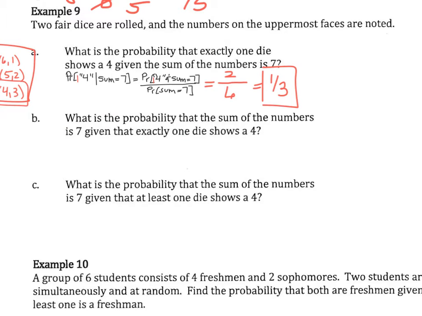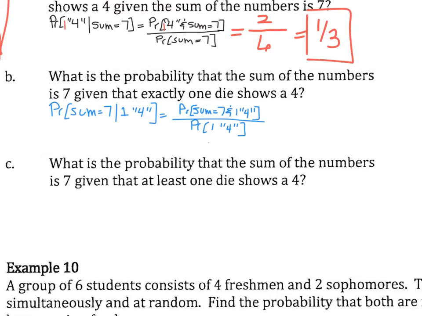Here, this one reverses the question to say, what is the sum equals 7 if we already know that there is one 4? Well, the top part we've talked about whether you reverse it or not, it should be the same. So up top here, when we did the same calculation, we got 2. So now we got to ask ourselves, well, how many ways are there to get exactly one 4?